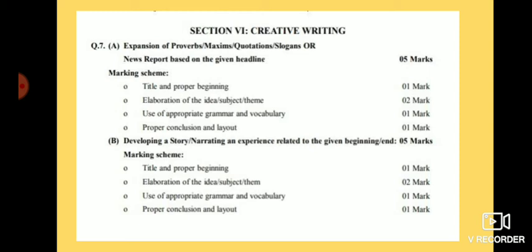And for narrating an experience, the beginning will be provided and you have to narrate your experience. The marking scheme of question B is: title and proper beginning 1 mark, so a title must be given for the story and for narrating an experience; elaboration of idea, subject and theme 2 marks; use of proper grammar and vocabulary 1 mark; and proper conclusion and layout 1 mark.